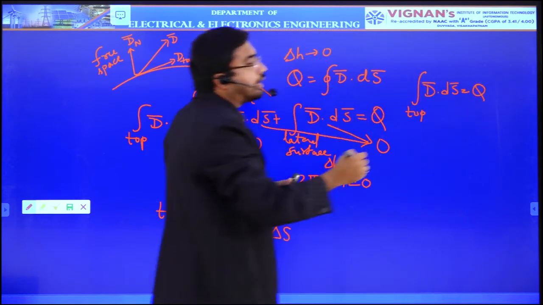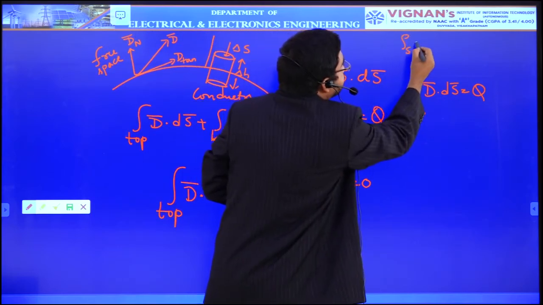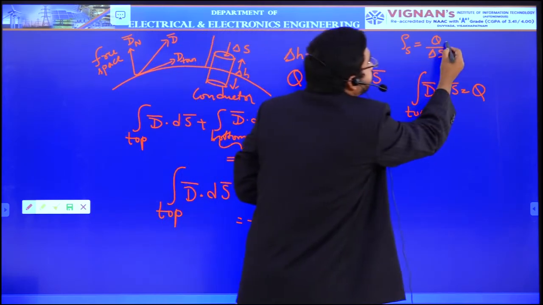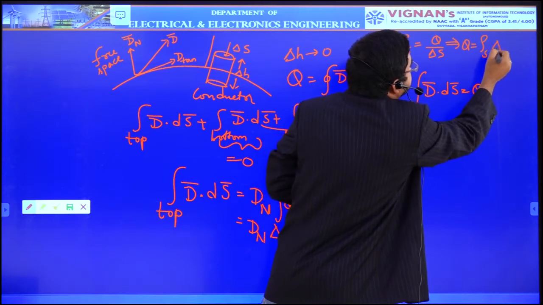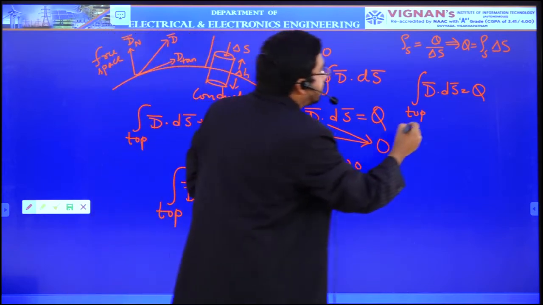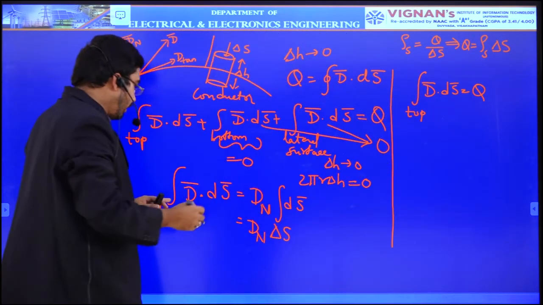Q. But from our previous derivations, we already know that rho s equals Q by delta S, the differential surface area. So from this, what is Q? Q is equal to rho s into delta S. So from that, what is the top integral of D bar dot dS bar?